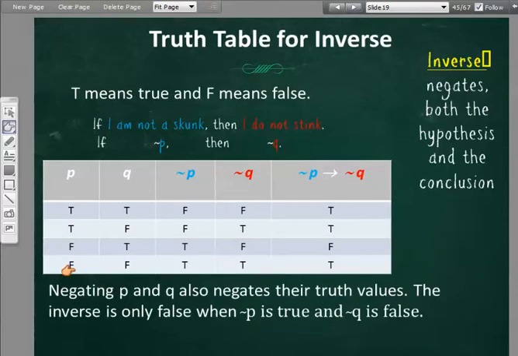And then notice how I've got falses for P and Q, so that means not P and not Q will both be true, which automatically makes the conditional true. So negating P and Q also negates their truth values. The inverse is only false when not P is true and not Q is false. That would be right here.